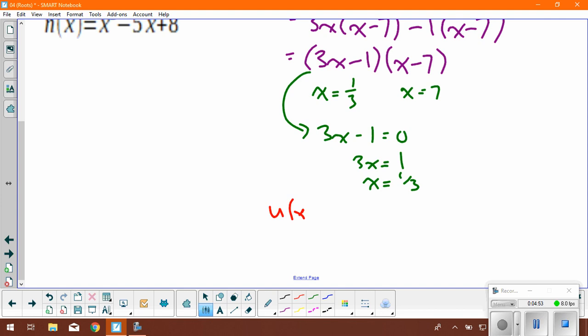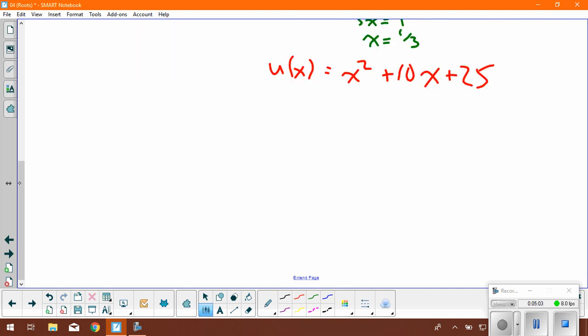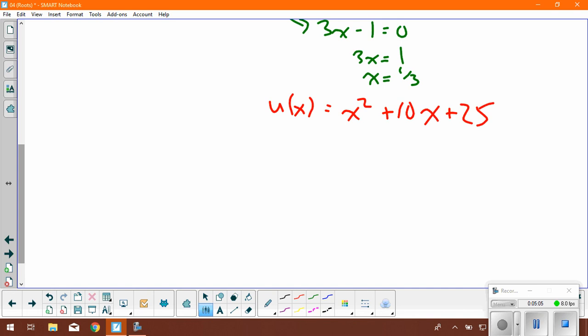So we have u of x equals x squared plus 10x plus 25. Again, this looks like we can factor it maybe, so we test it out. It multiplies to 25, adds to 10. My numbers are going to be 5 and 5.